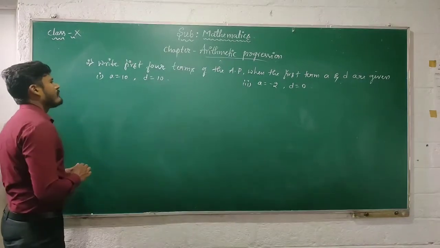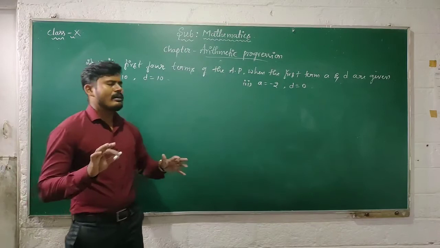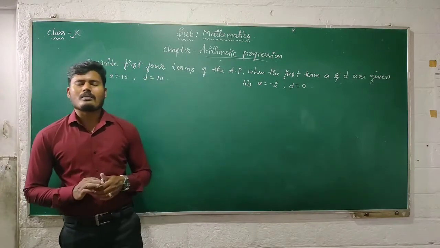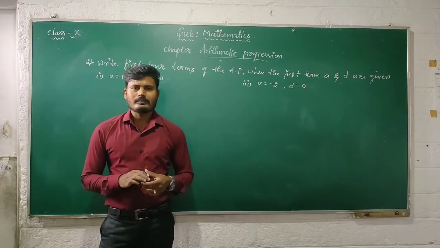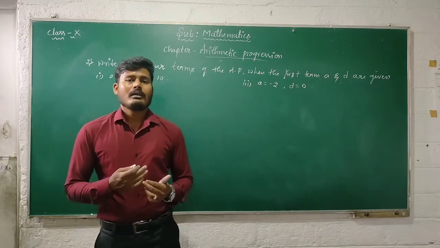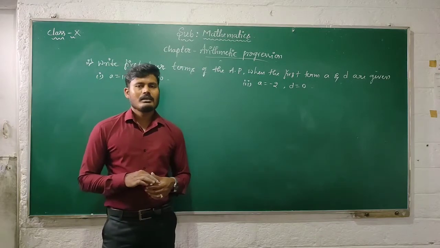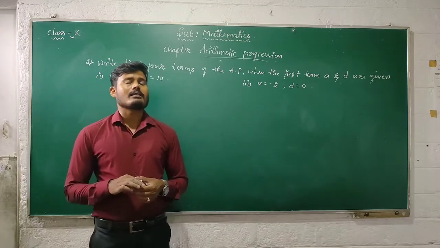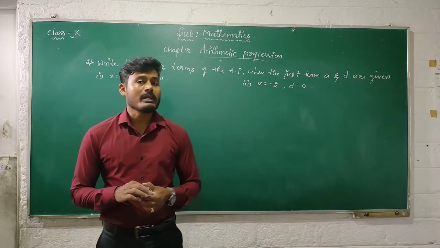So here, first one, before going to find the four terms of any AP, you know how to find the terms in an arithmetic progression. How to find any term in an arithmetic progression?